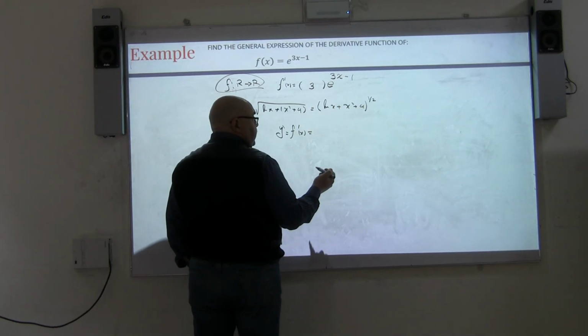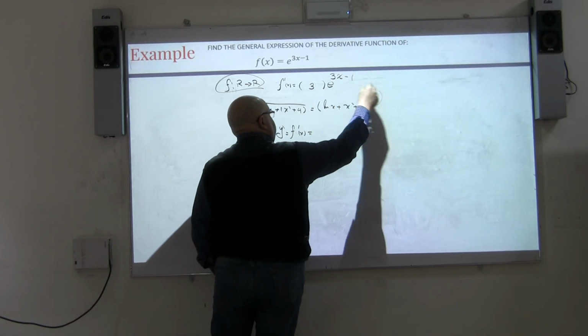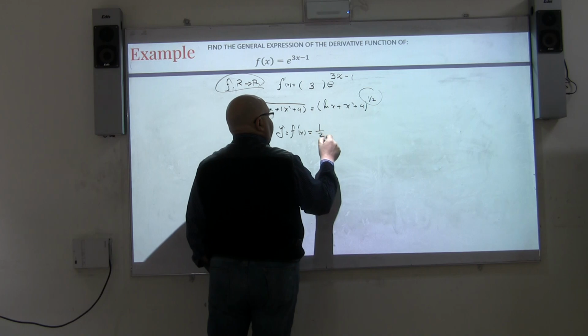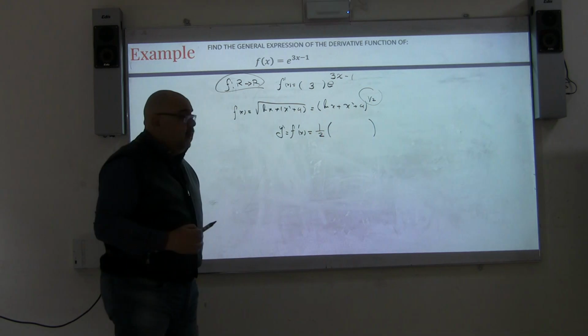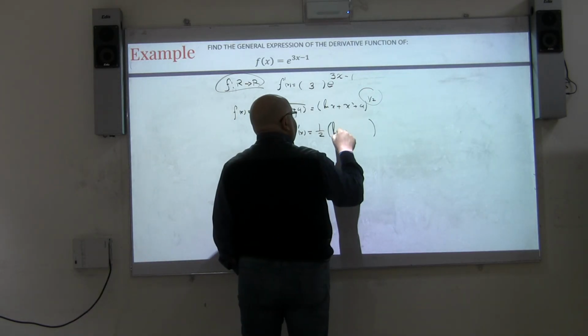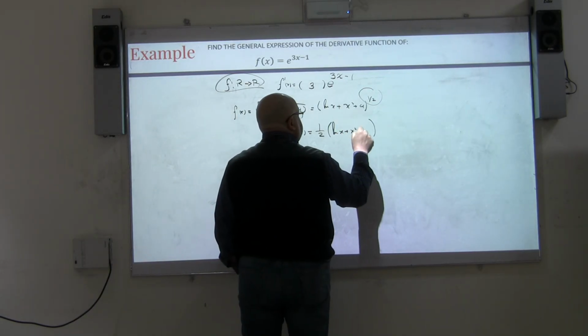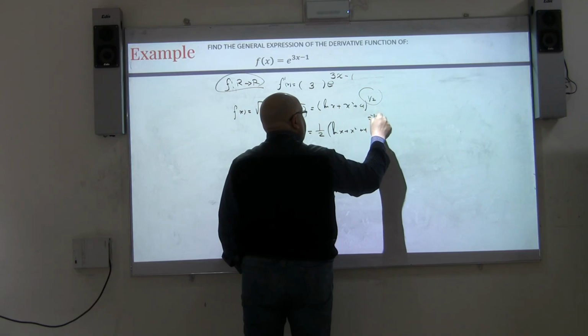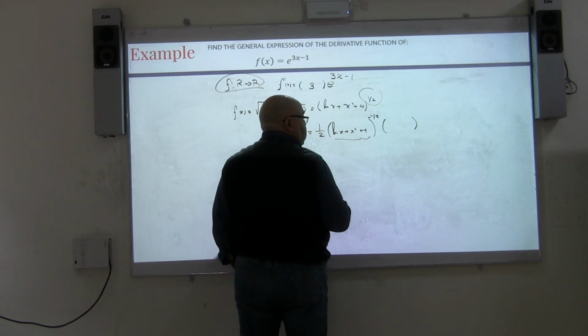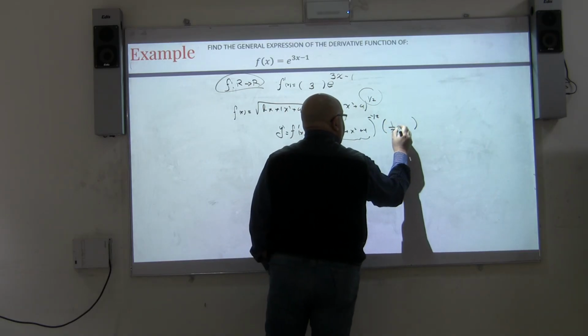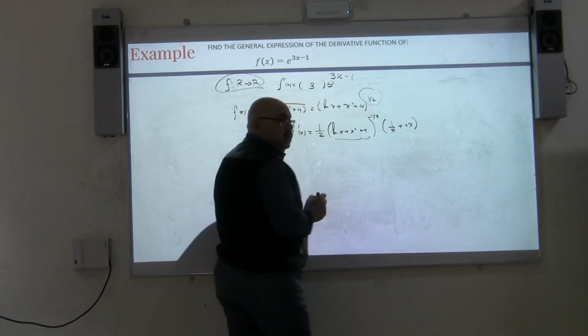Start differentiating. I will differentiate first the power, which is going to be 1 over 2 times, and I will subtract 1 from the power. So the function will be ln of x plus x squared plus 4 to the power of negative half times the derivative of the function inside the bracket, which is 1 over x plus 2x, as you can see.